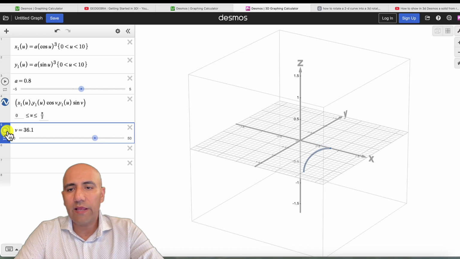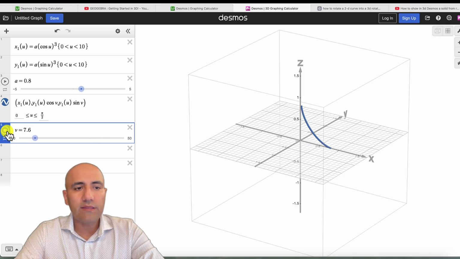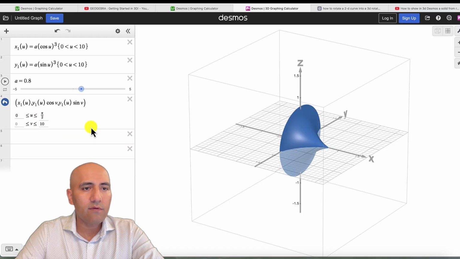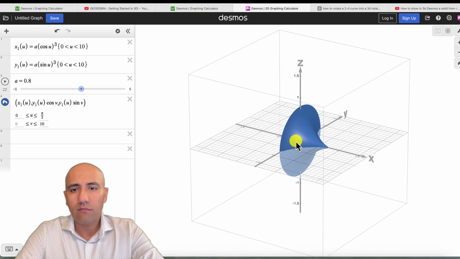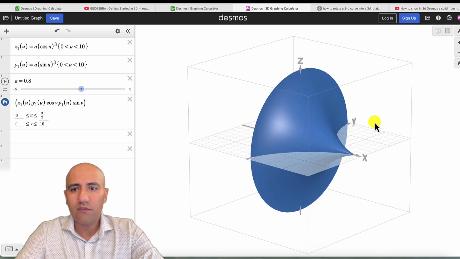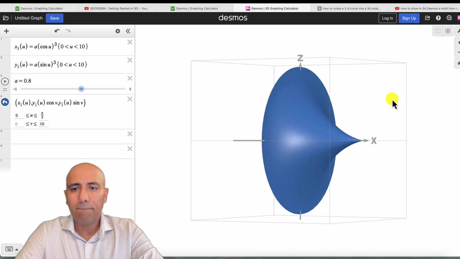So we want to kind of envision what happens as we generate that whole shape of it rotating. So to do that, let's change this over here. Let's get rid of this. And so there, it looks like this. Let me see if I can zoom in a little bit. So it goes like that, and you can see that it looks like this.